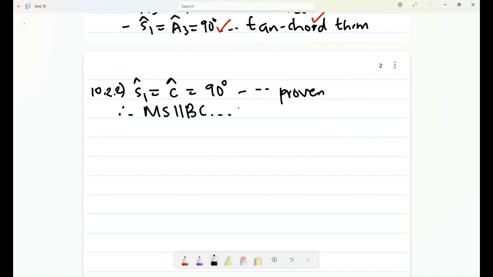The reason is that these are corresponding angles. So you can say corresponding angles are equal. Or someone might say converse corresponding angles. Converse means reverse. So you can say corresponding angles are equal or converse corresponding angles.